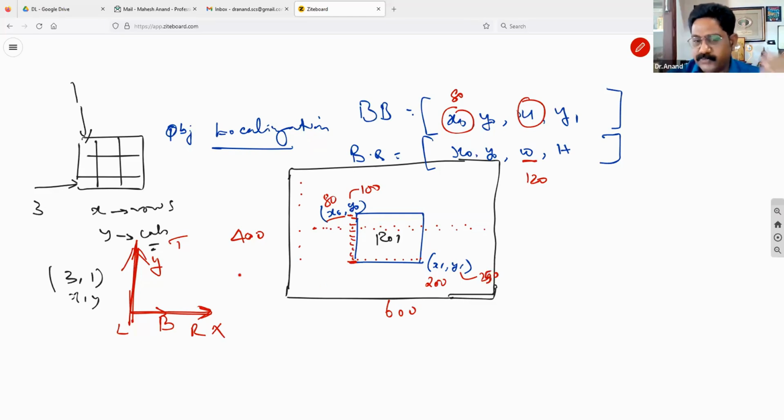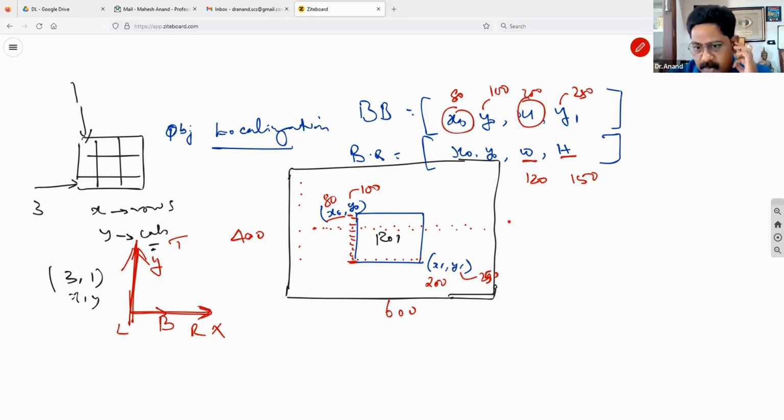Okay, let us take 250. So 100, it goes up to 250. Now what is the height? 250 minus 100, 150 is the height. Because this guy is 250, this guy is 100, this fellow is 200.